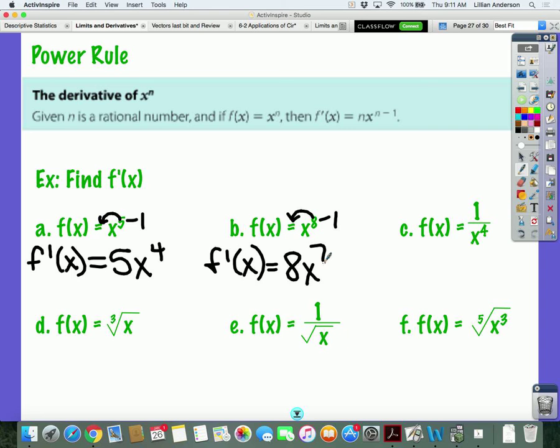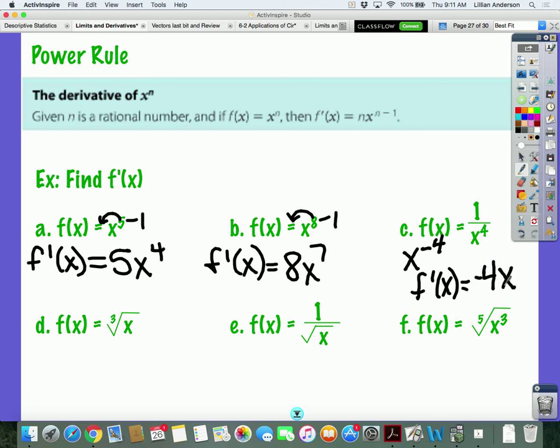Now, one's like this, just like 1 over x. You do need to apply the fact that you have to bring it up. So this is the same thing as saying x to the negative 4. Okay? Always make sure you bring up these types. So then the derivative would be negative 4 over x to the 3rd. If you're like, how did you get that?